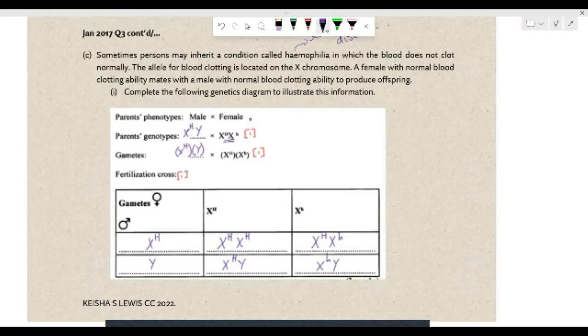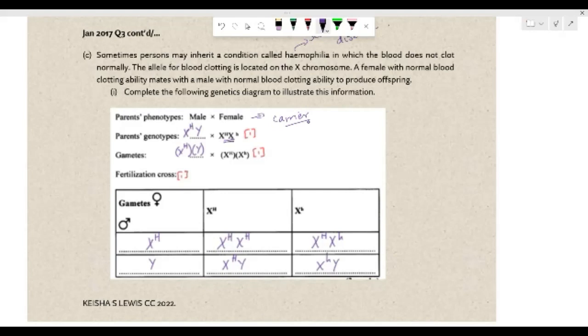And why? That means even though she has normal clotting ability, she is a carrier, meaning she is carrying the allele for the disease, but it's on one of the chromosomes. So she herself doesn't have the disease, but she does carry the allele for it, okay?